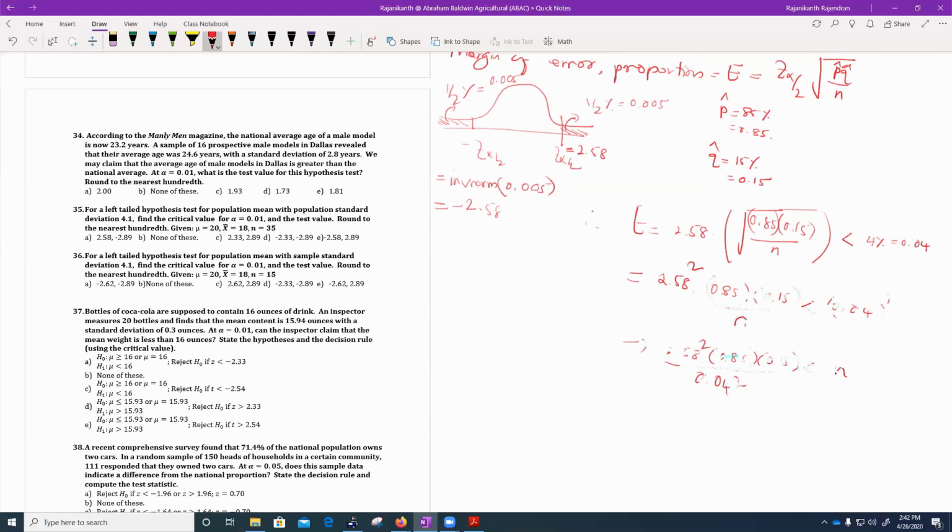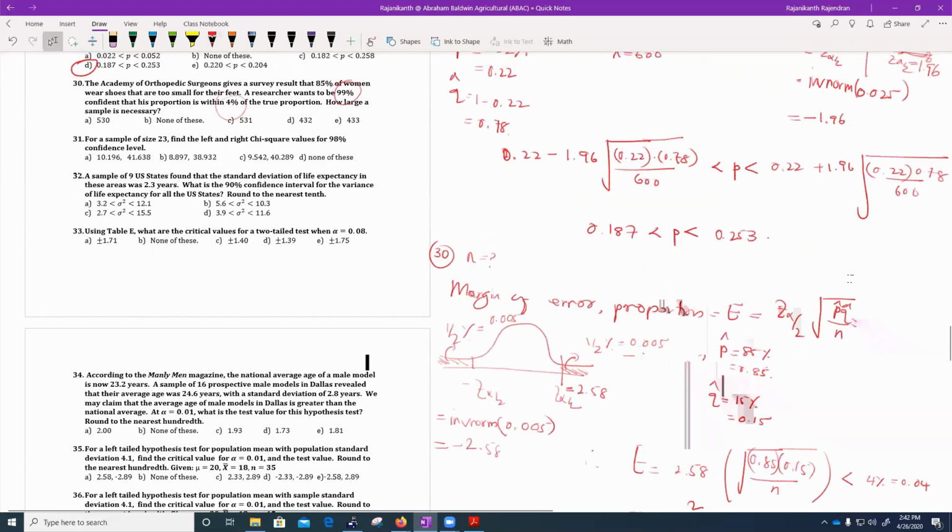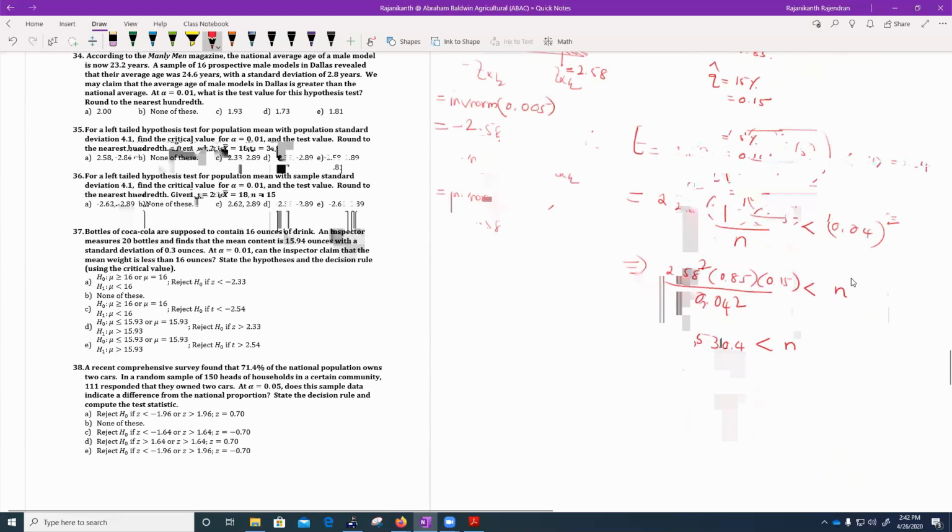If you simplify this, you should get 530.4. That means your sample size should be bigger than 530.4. The closest one we have in our answers is 531, I believe. Yes, so 531 is the correct answer. Okay, so I'm choosing mine as 531.